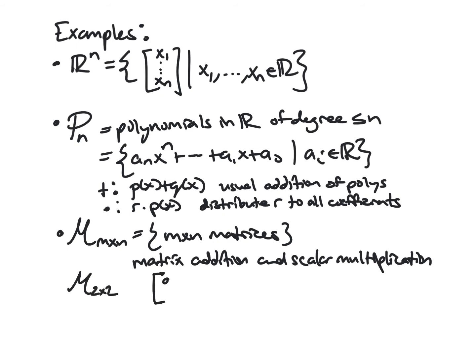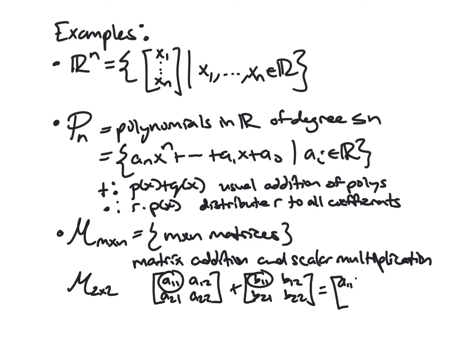If you have two matrices where we label the entries a_ij if you're in row i and column j, then if we take two of these, the addition is exactly what you would think it is based on how we treated vectors. You're just going to look at the entries that correspond to one another and add those up. So your top left entry here would be a11 plus b11. This would be a12 plus b12, and so on.